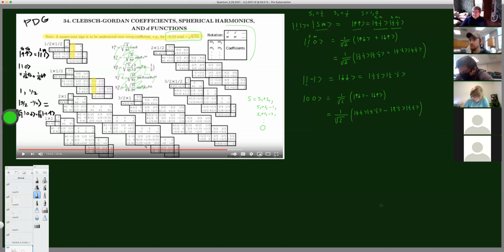Again, just expanding this notation, which, like we said, is only good for spin 1/2 particles. Otherwise, it's just useless.